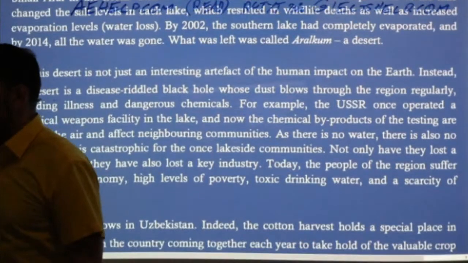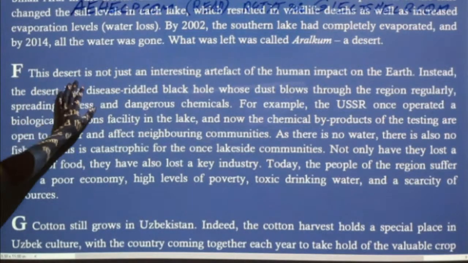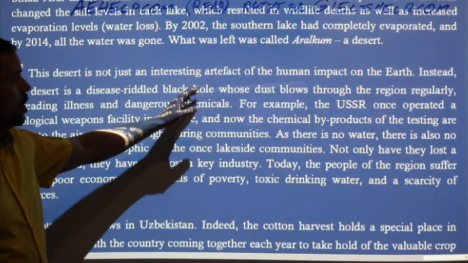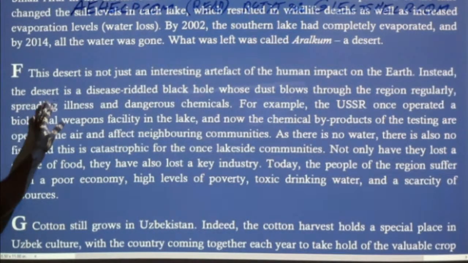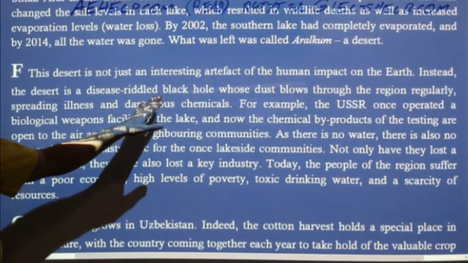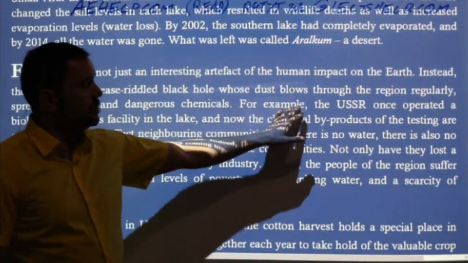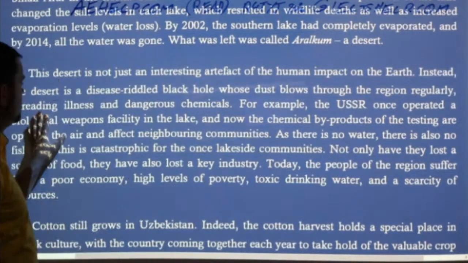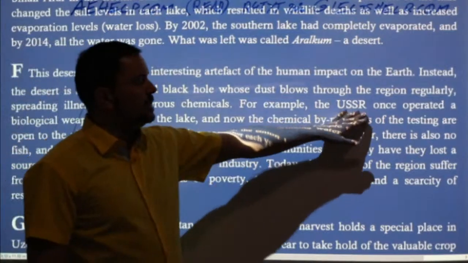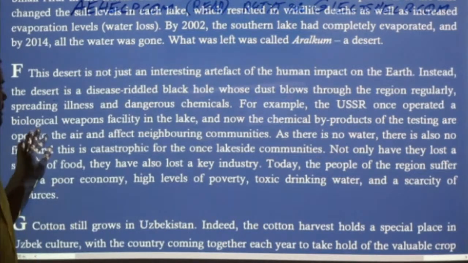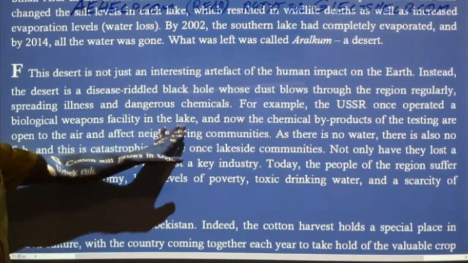Let's keep reading. This desert is not just an interesting artifact of the human impact on the earth. Instead, the desert is a disease-riddled black hole whose dust blows through the region regularly, spreading illness and dangerous chemicals. For example, the USSR once operated a biological weapons factory in the lake.